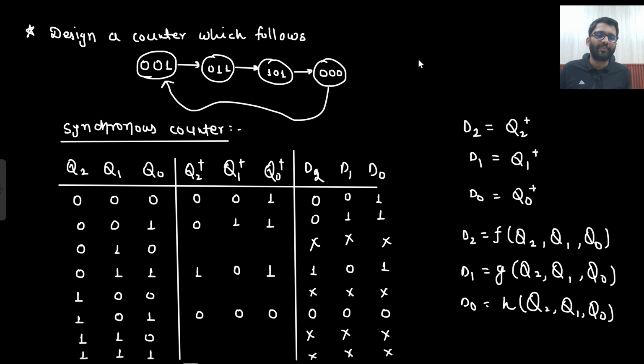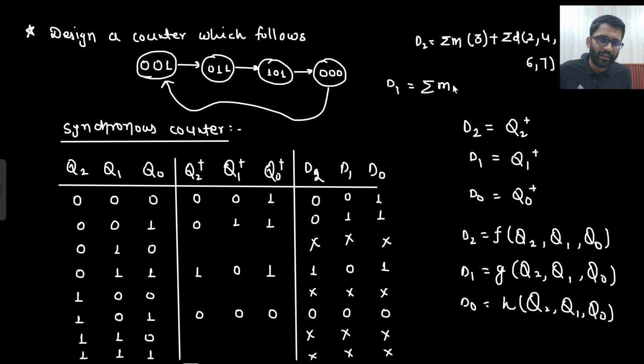And if we write down the minterms, what are the minterms for D2? Minterms for D2 are 0, 1, 2, 3 plus don't care. So don't care are 2, 4, 6, 7. What about D1? D1 has a minterm of 1 and don't cares are 2, 4, 6, 7.